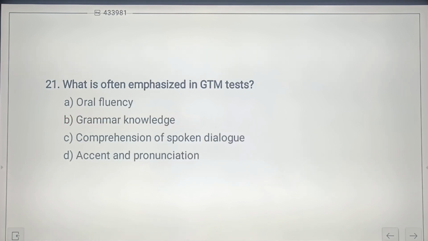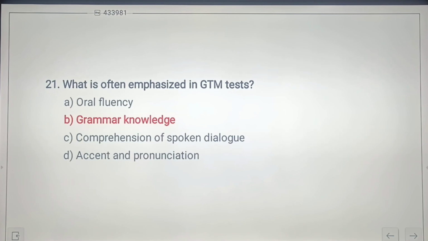Next, what is often emphasized in grammar translation method tests? That is GTM tests. A. Oral fluency. B. Grammar knowledge. C. Comprehension of spoken dialogue. D. Accent and pronunciation. The right answer is grammar knowledge.